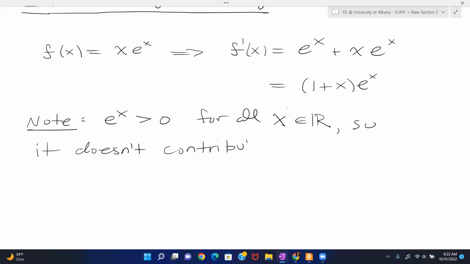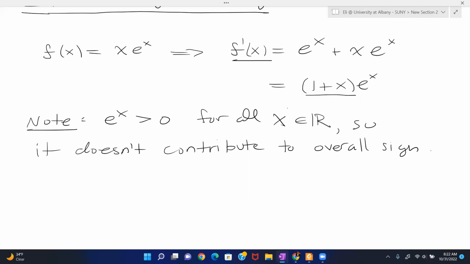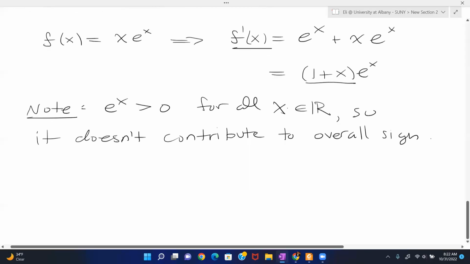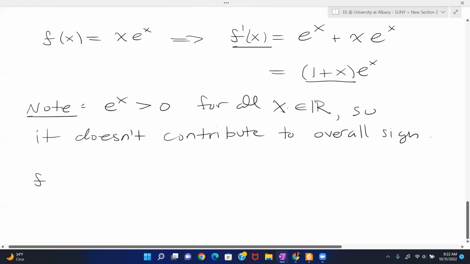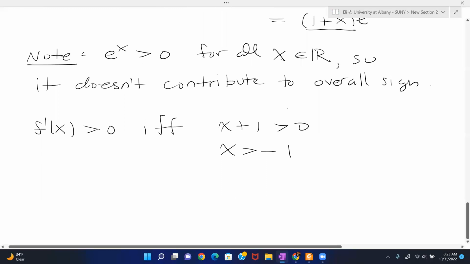What does determine the sign of the derivative is this other factor, 1 plus x. So it's pretty clear, I think, that f prime of x is positive if and only if x plus 1 is positive, which is the same thing as saying x is greater than -1.